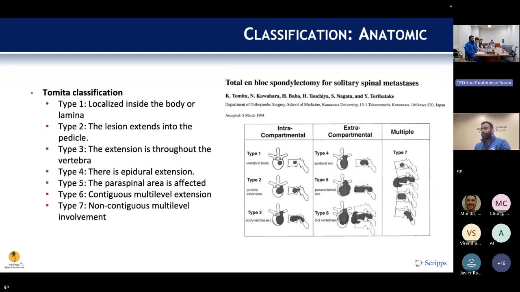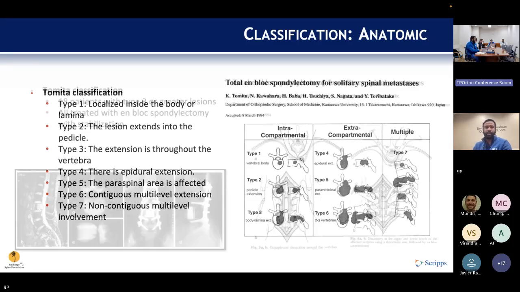The Tomita classification system looks at things on a more holistic level, rather than breaking down the vertebral body into radiants. And it looks at regions of the spine and breaks it down into increasing order of aggressiveness or spread, with type 1, 2, and 3 lesions being intracompartmental, followed by extracompartmental in multiple sites.